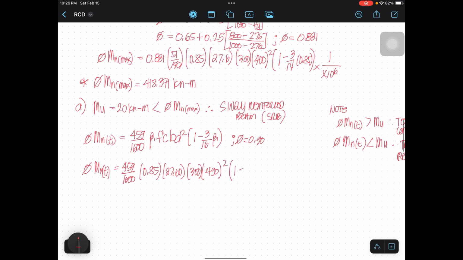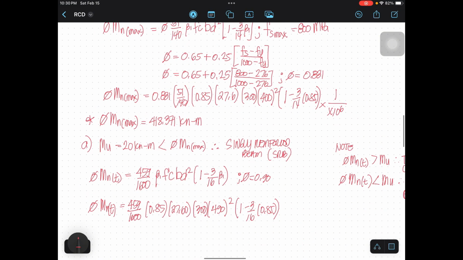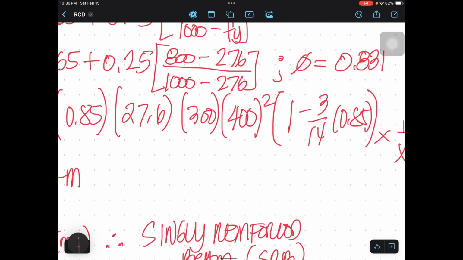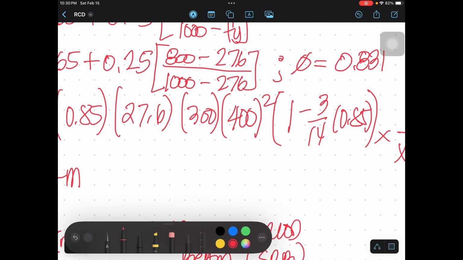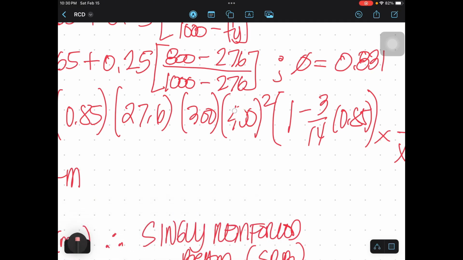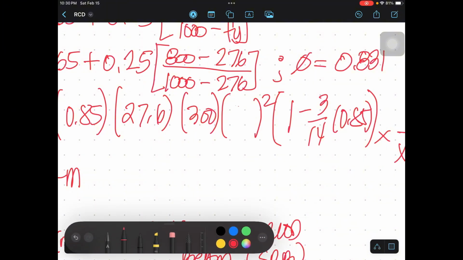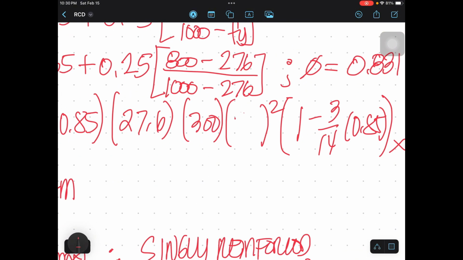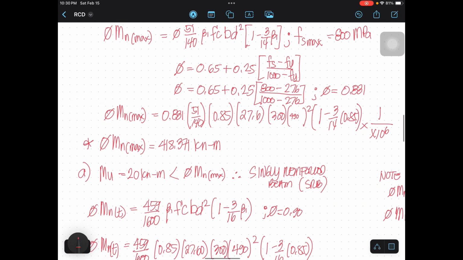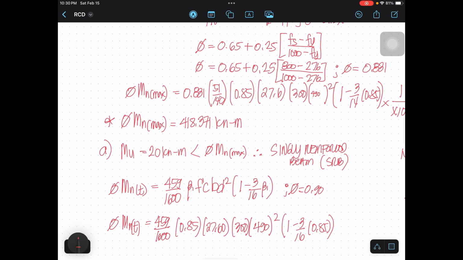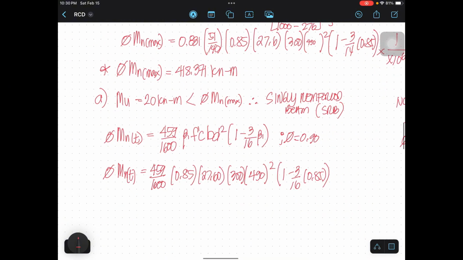So 1 minus 3 over 16 of 0.85. So ito pala ay 490. This one is 490. So, pre-calculated naman itong problem ito. So, tama naman yung ating sagot dito.